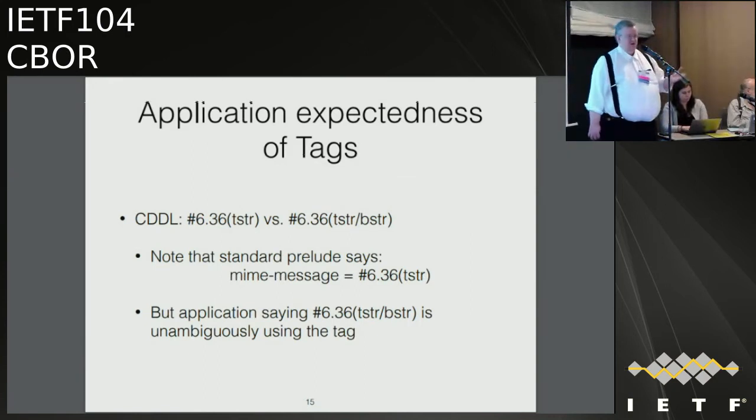And in the end, you're right, the application makes the call. But as Jim said, now we are making the interface between the generic encoder and the application significantly more complicated, because you now need to be able to tell the generic encoder, use this tag, but don't use the other tag.